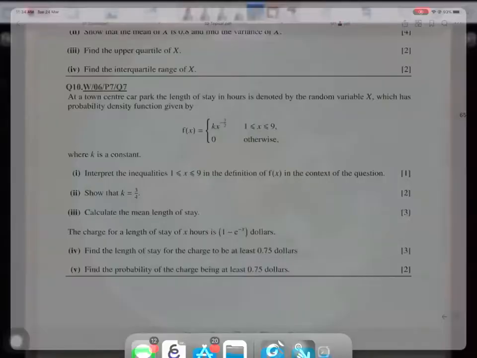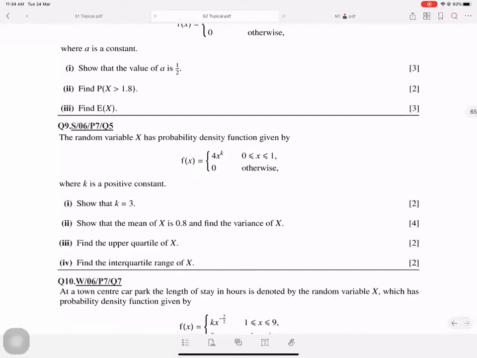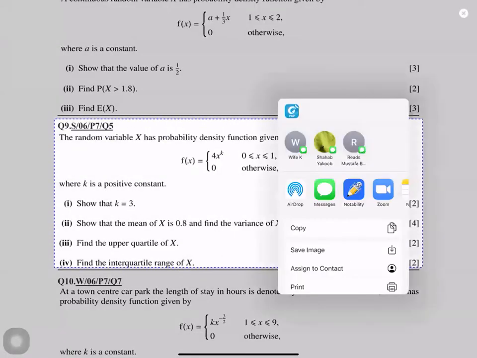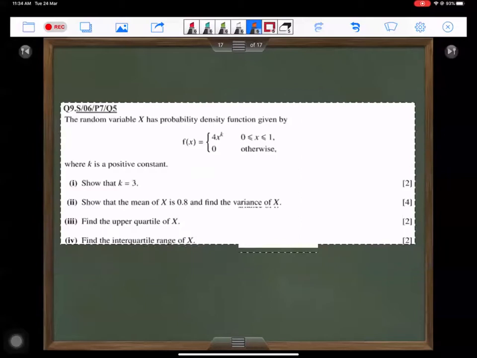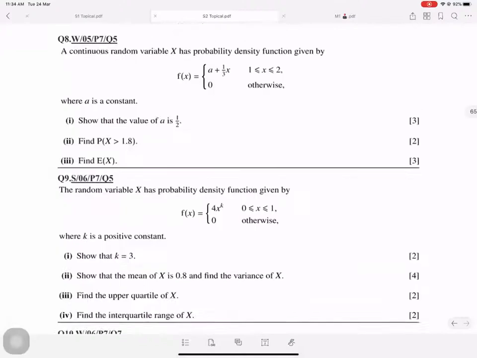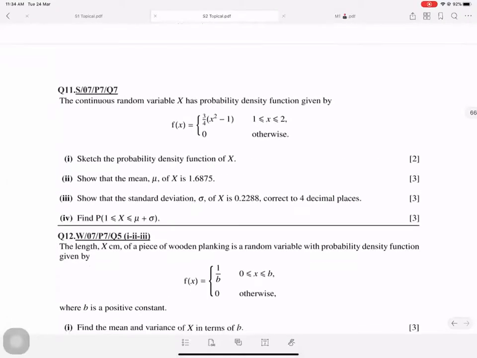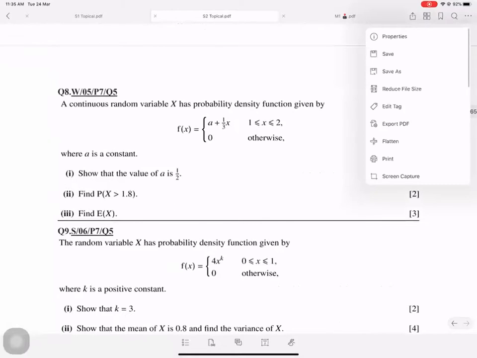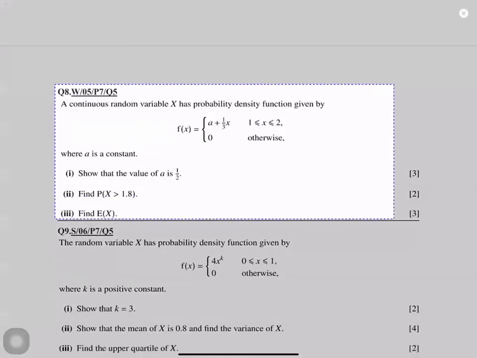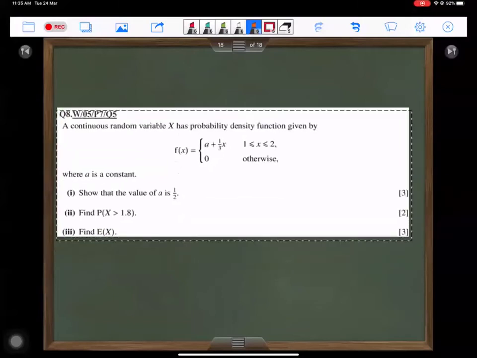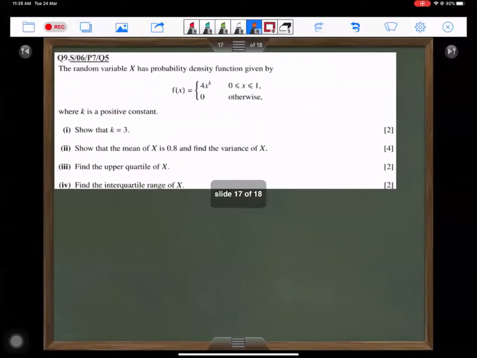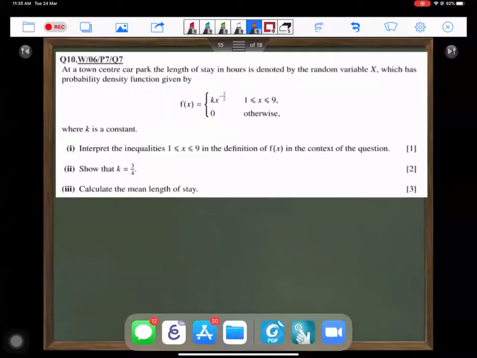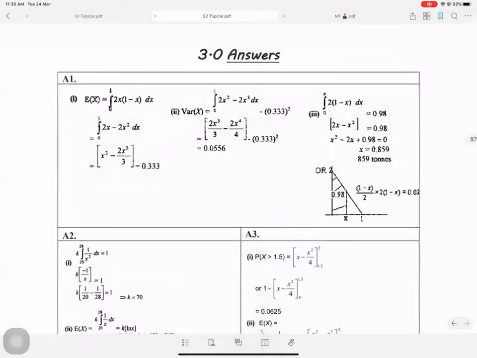All these are good questions. Okay, we are starting with this question number 10, and let me also open up the mark scheme for quick reference.